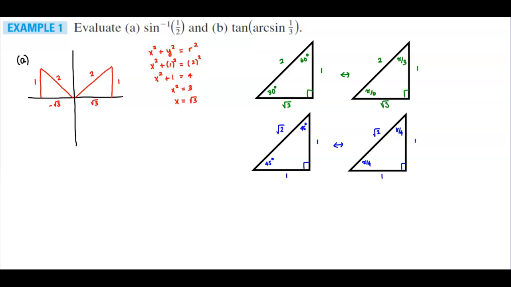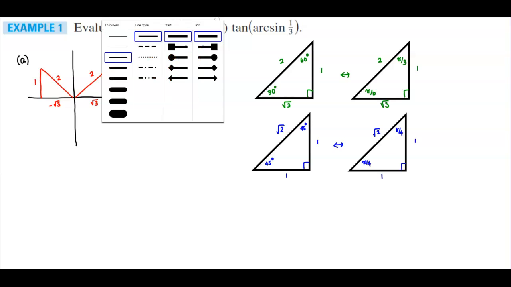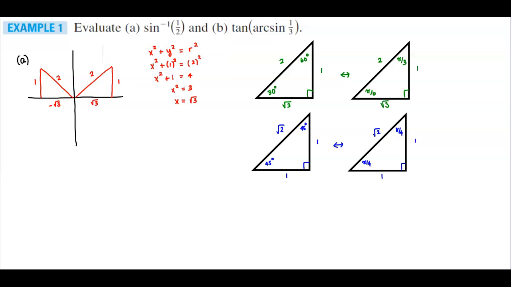Okay, so what we want to do is determine, what is the sine inverse of 1/2? Well, first and foremost, what do we know? We know that when we think about the positive version of this, the sine of pi over 6.